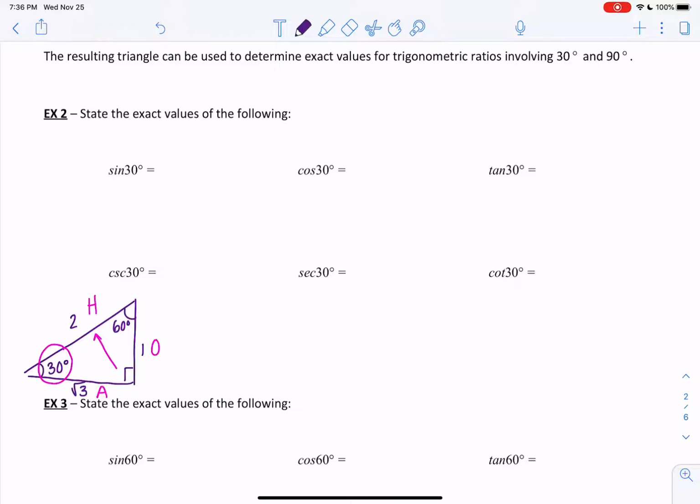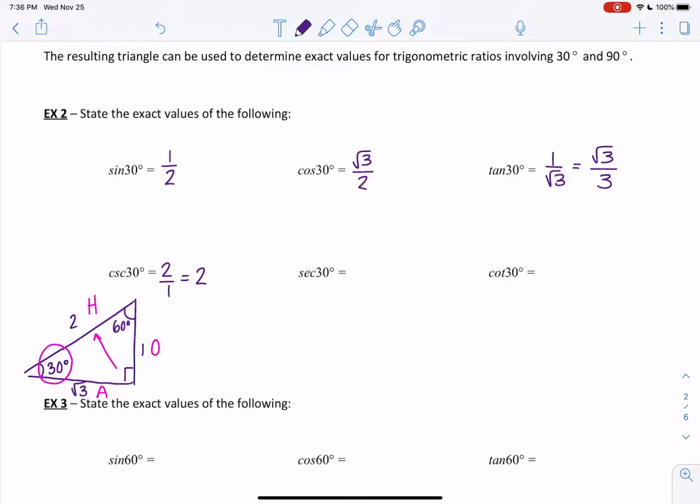So sine will be 1 over 2. Cosine will be root 3 over 2. Tan will be 1 over root 3, which equals root 3 over 3. Cosecant is hypotenuse over opposite, so 2 over 1, which is just 2.